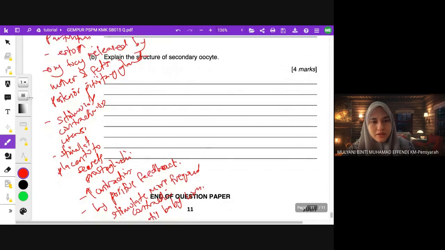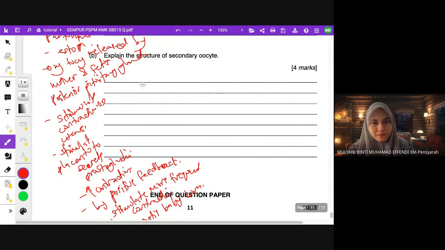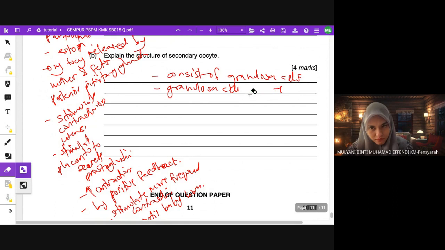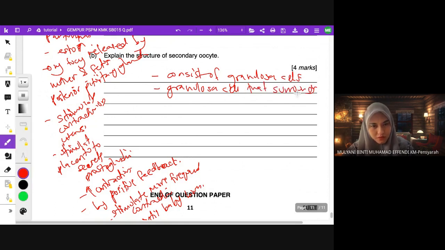So explain the structure of secondary oocyte. So structure dia consists of granulosa cells. Okay, apa lagi? Lepas tu granulosa cells secrete granulosa cell that surrounds the secondary oocyte.